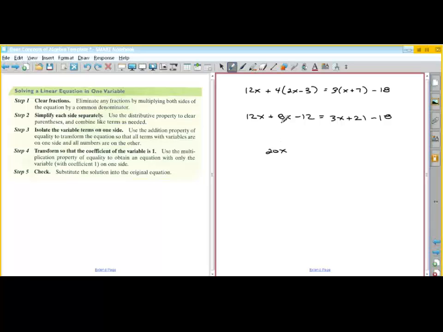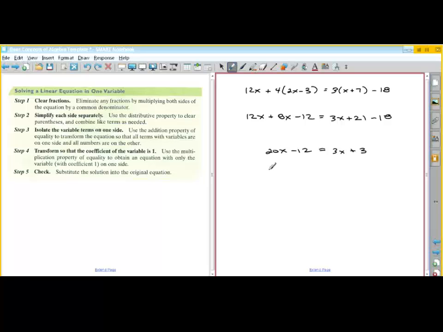We combine these two terms, add the coefficients together. There's only one number term here. Likewise, on the other side, there's only one variable term. And then you combine the two number terms. So now I have simplified each side separately. So you should end up with 1 or 2 terms on each side.